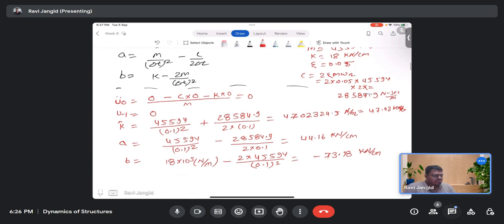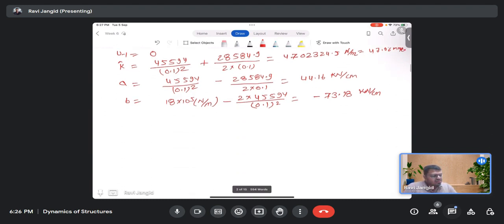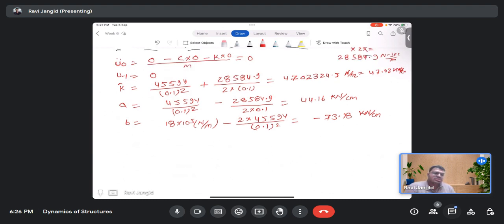Yes. Okay. So now I have the initial calculation. For the final calculation, for the calculation in each step, what do I need? I need p cap, which is given as pi minus a into ui minus 1 minus b into ui.